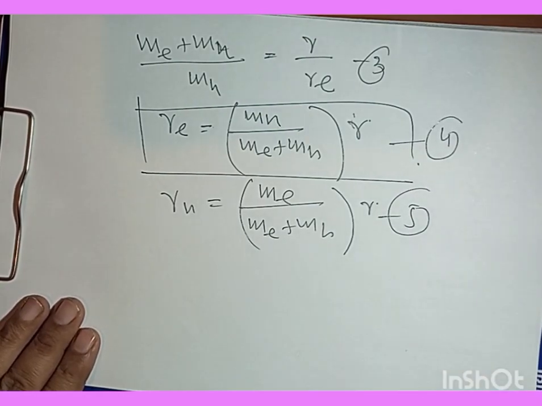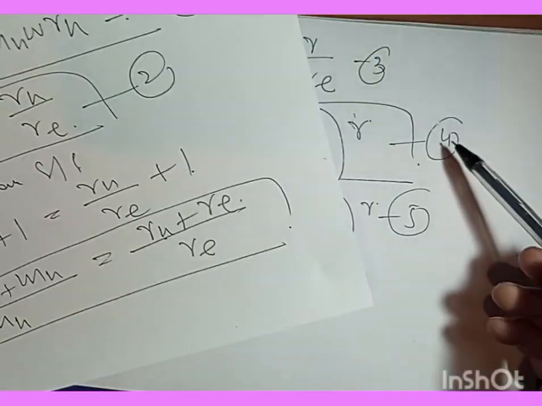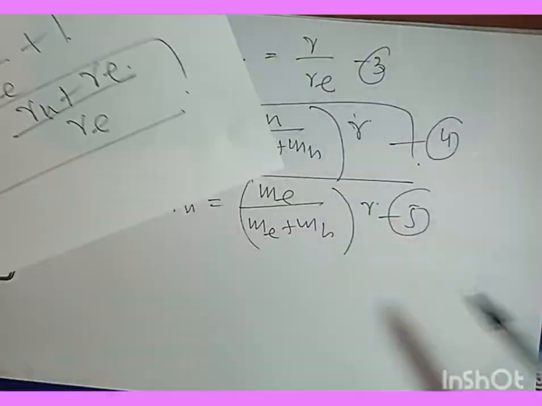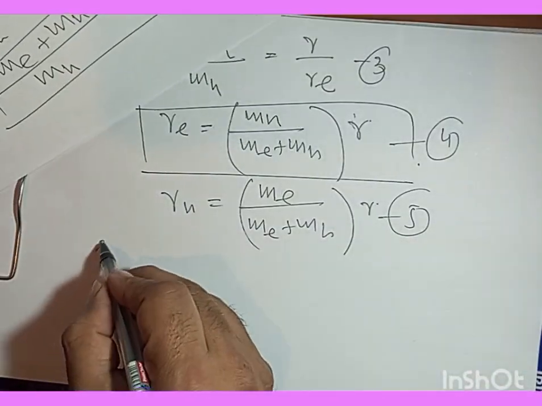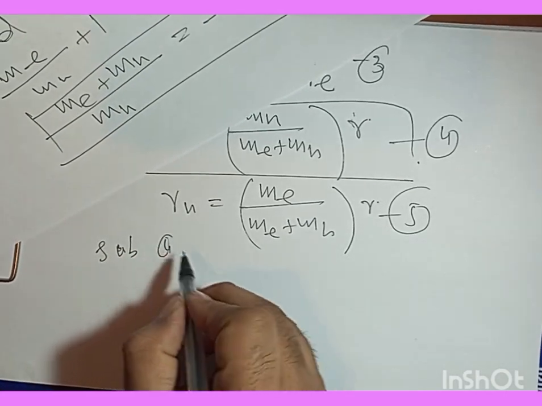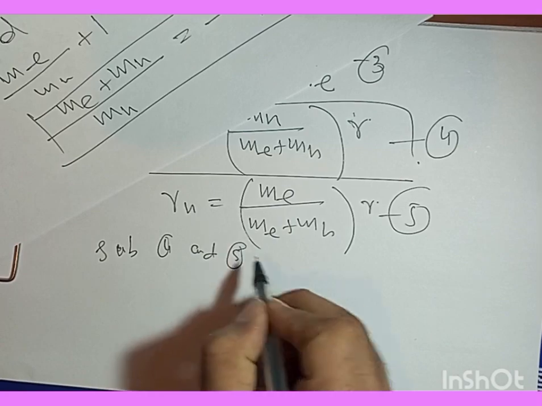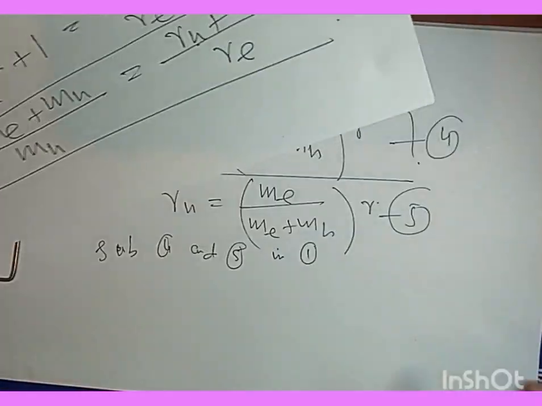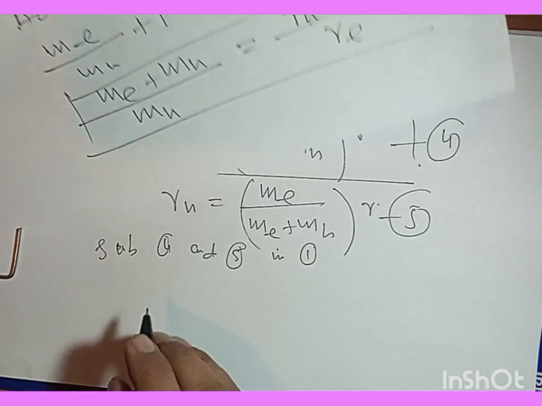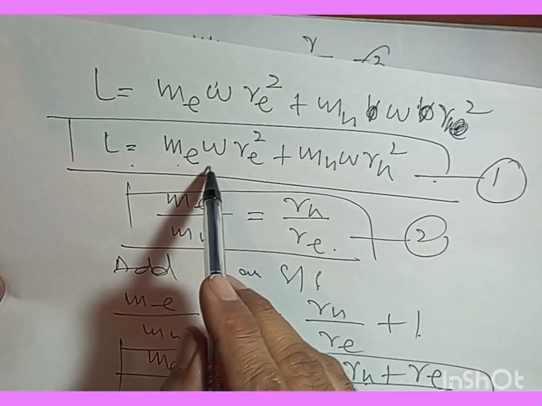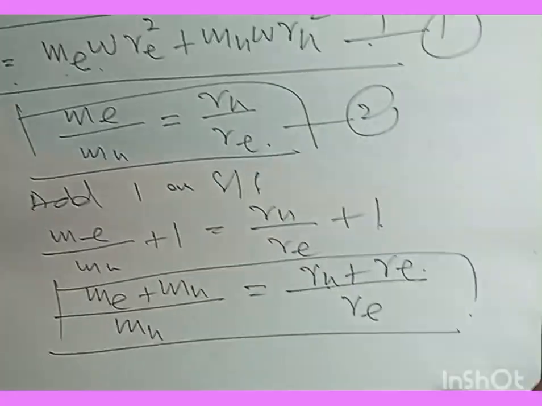And I would like to substitute this 4 and 5 in my equation 1. So substituting 4 and 5 in 1, what I'll get is L is Me omega Re square.